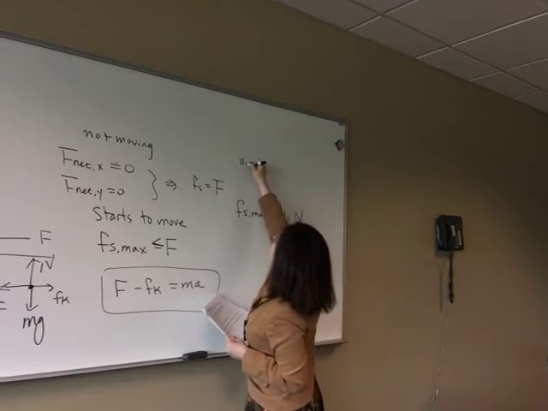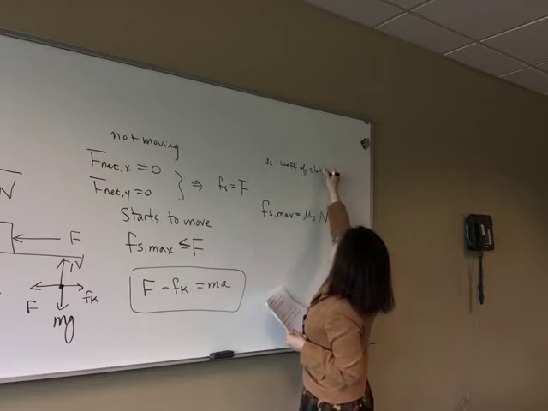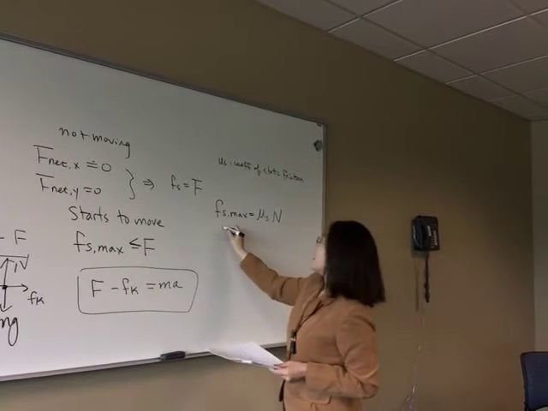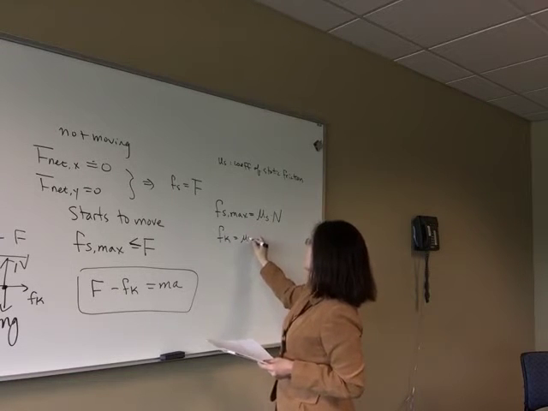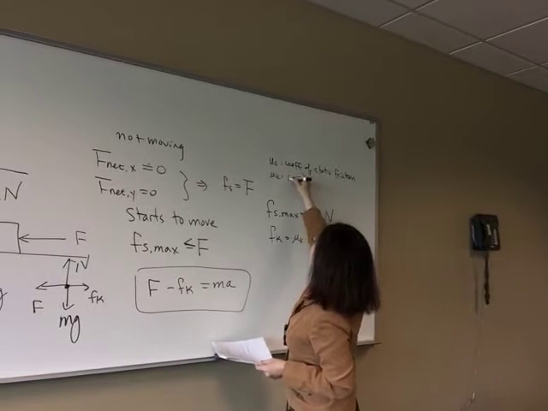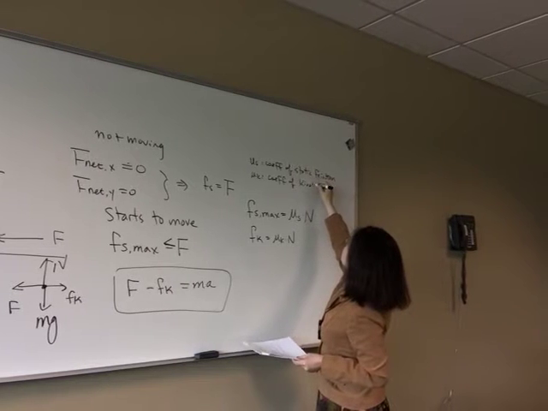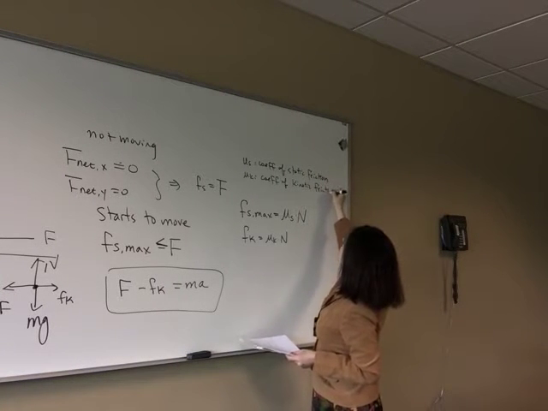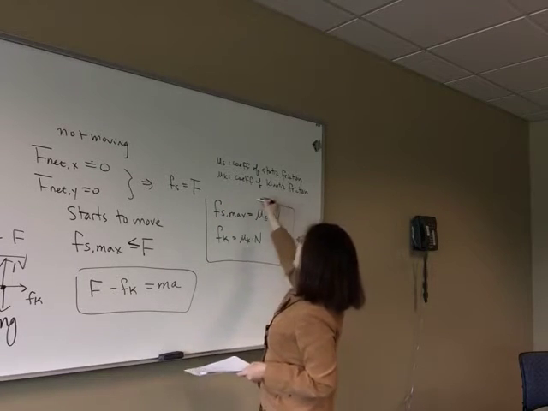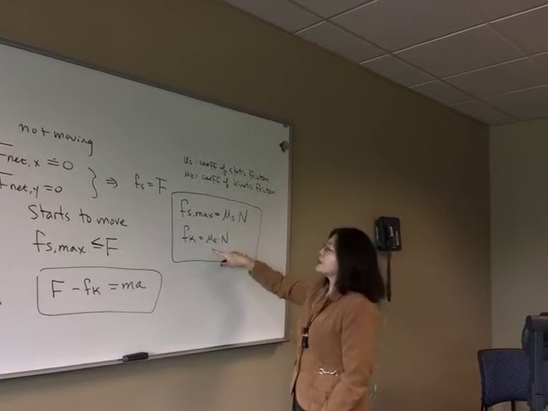Mu s is called the coefficient of static friction. Now what about Fk? Fk is equal to mu k times the normal force. So what is mu k? Mu k is called the coefficient of kinetic friction. So you have these equations to help you find the frictional force: this is the maximum static friction, and this is the kinetic friction.